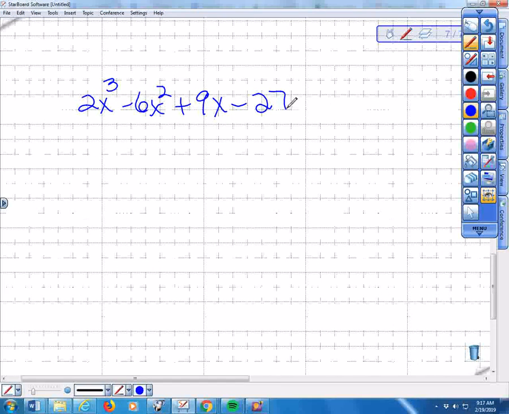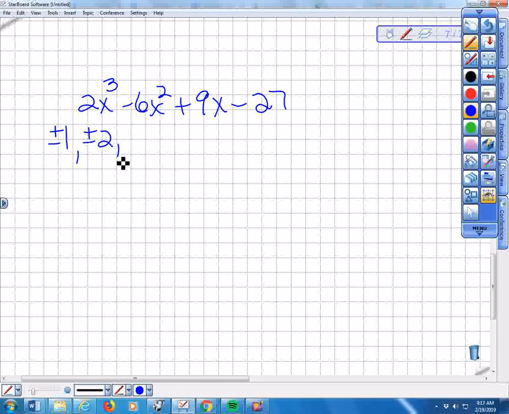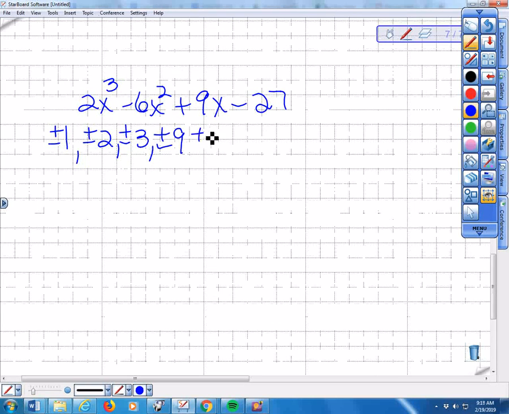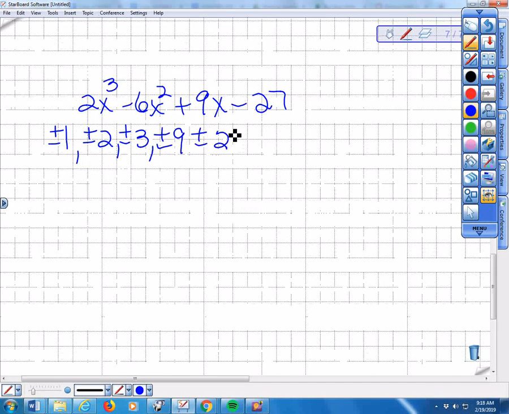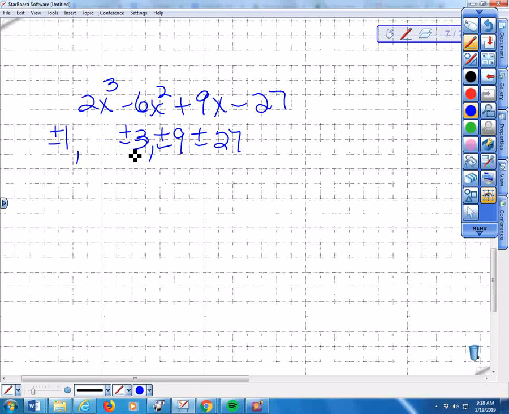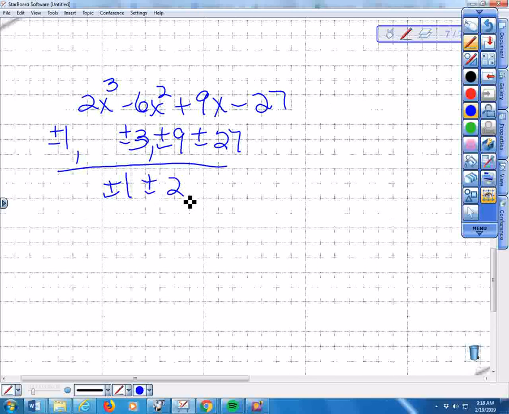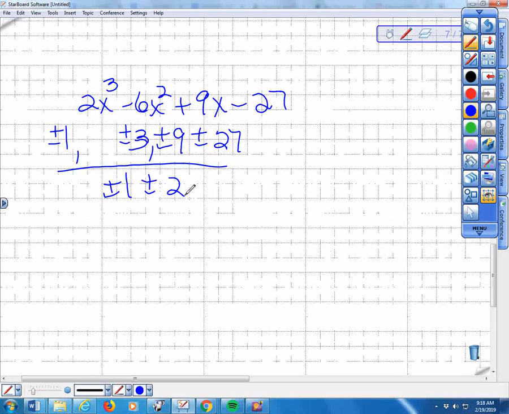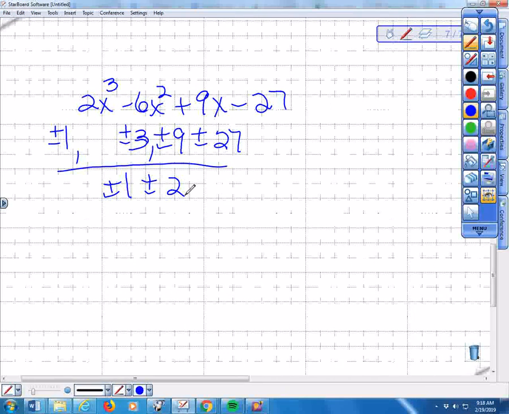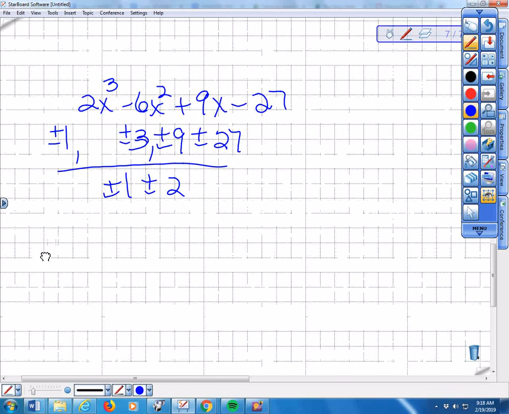My possibles, plus or minus 9, not 2. And then divided by, okay, so I have possibles plus or minus 1, 3, 9, 27, 1/2, 3/2, 9/2, 27/2. For the sake of time, I'm not going to list them all. Okay, so let's just try 1.